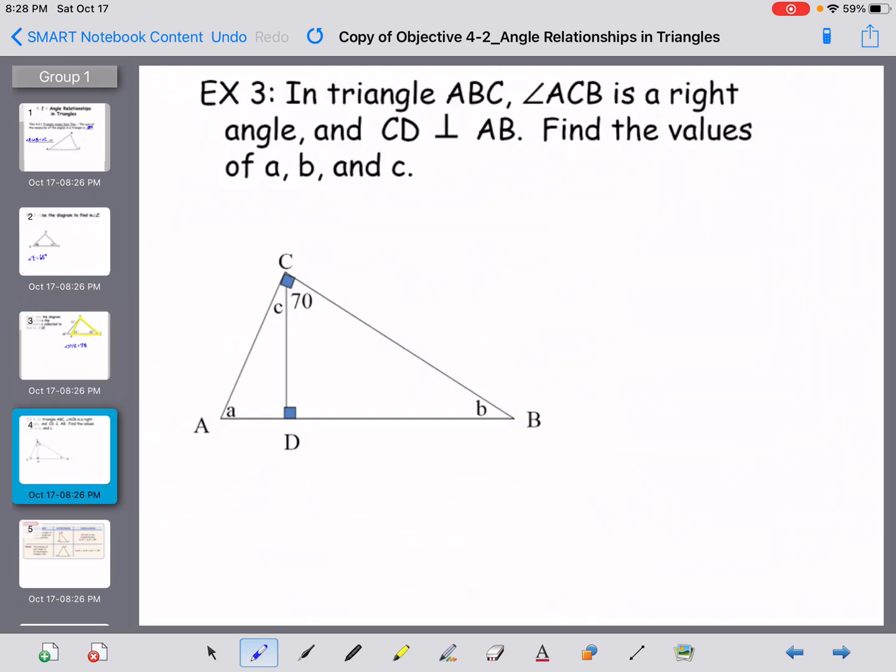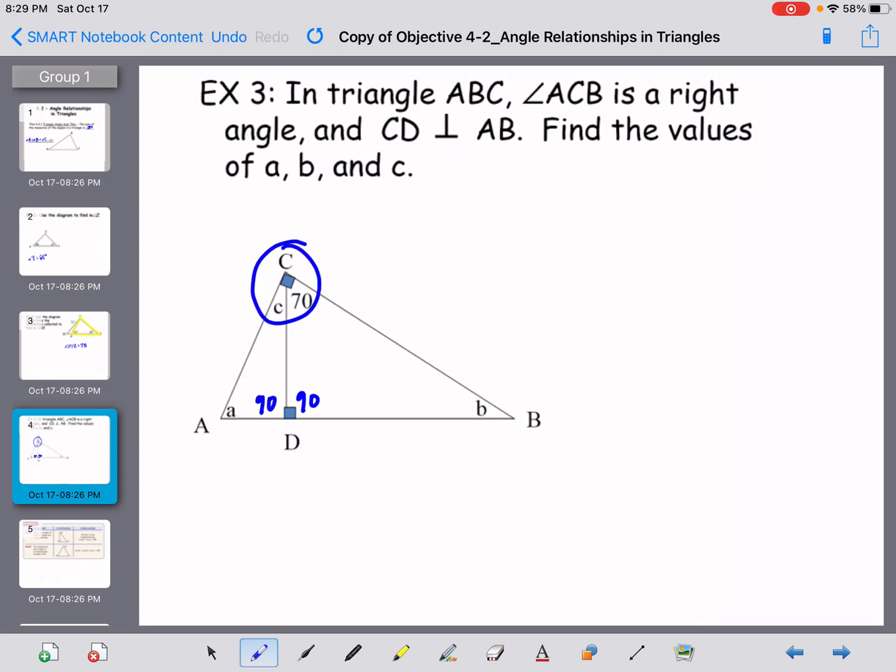Alright, in triangle ABC, ACB is a right angle. Right angle means it's 90 degrees. CD is parallel to AB, so I've got two 90-degree angles here. I need to find the values of A, B, and C. So that's going to be 90 degrees on both sides.